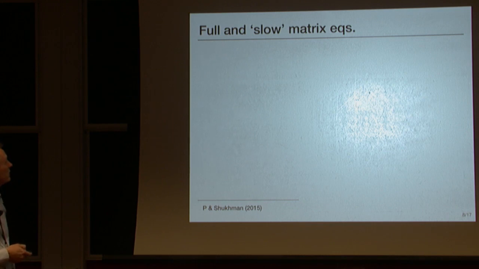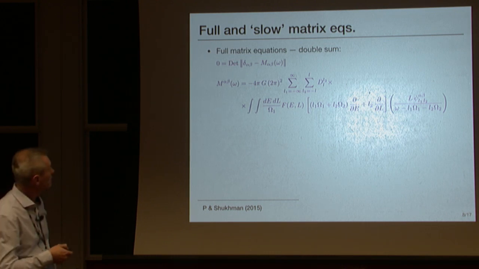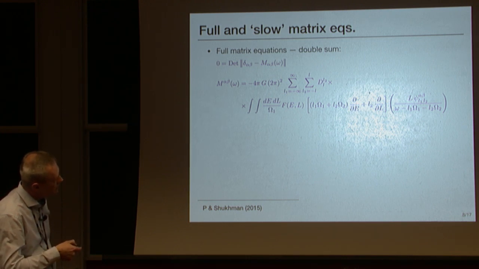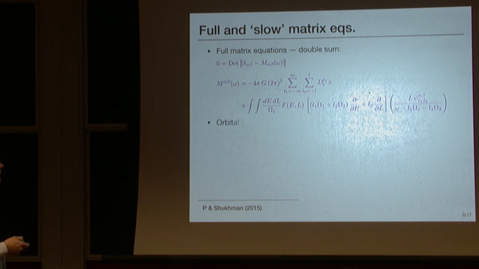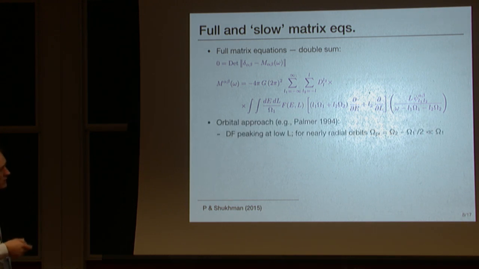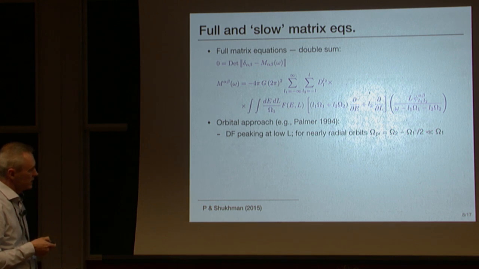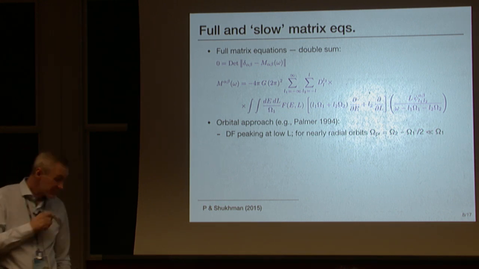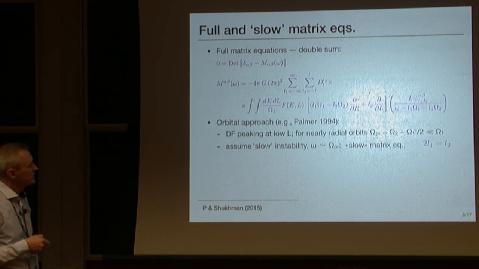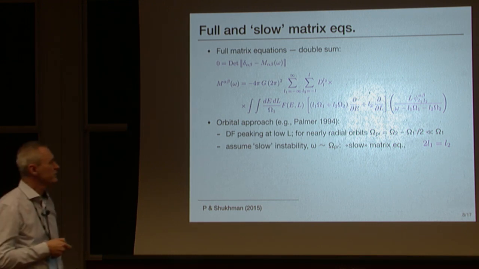In theory, we have a full matrix equation. I have only one but big formula, and here you can see there is a double sum over these frequency combinations, and the orbital approach uses several simplifications, one of which is that the distribution function should peak at a low angular momentum, and since you don't have any other frequencies except the precession frequency, you physically assume that the frequency of the perturbation is of the order of this frequency.